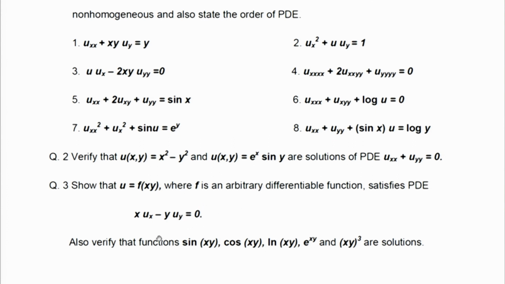And after doing that, verify that all functions which contain the product x y, like sin x y, cosine x y, log x y, e raised to x y, x y cube etc., are solutions of the given differential equation.